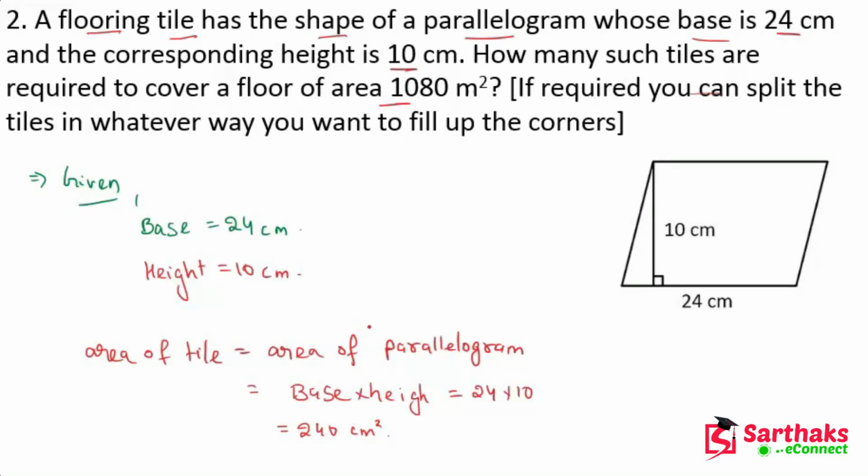240 centimeter square. Now here we have the area of floor which is 1080 meter square, but we have to convert it into the centimeter because here we have area of tile in centimeter square. So here we have area of floor, which is 1080 meter square. Got it?